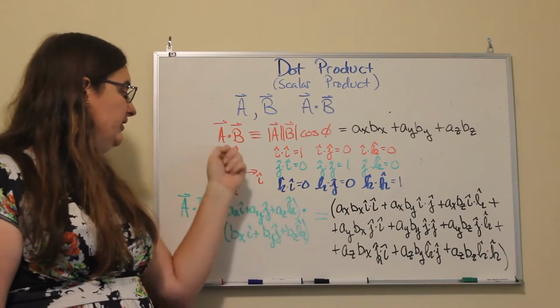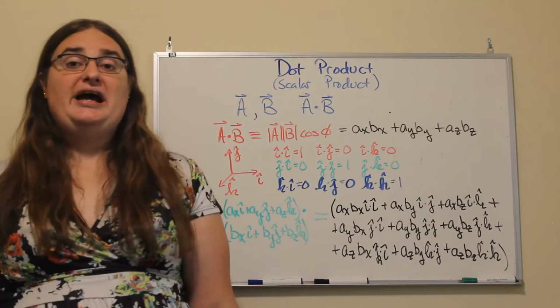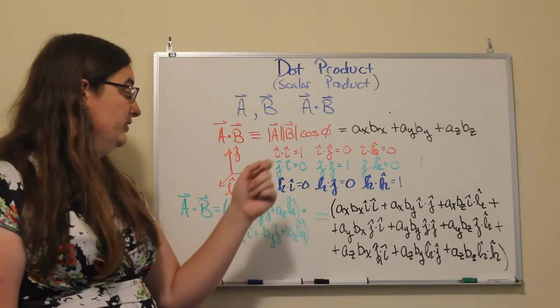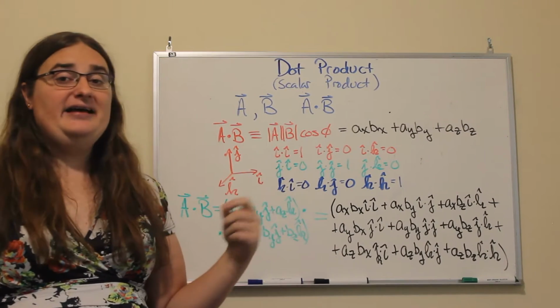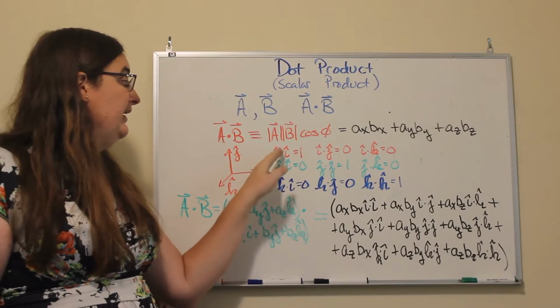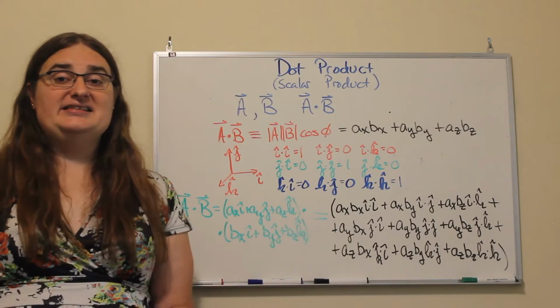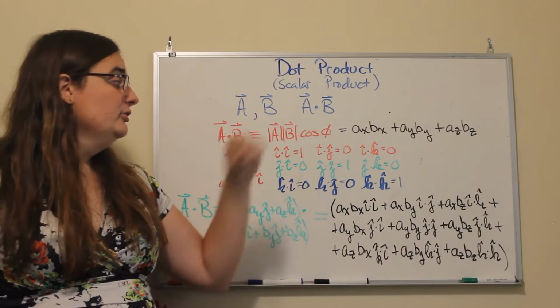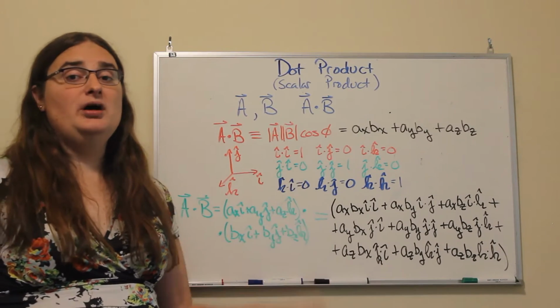So if we take a look at our unit vectors i, j, k in Cartesian coordinates, i hat dot i hat: each unit vector is a size of 1 by definition, and the angle between the x-axis and itself is 0, so the cosine of 0 is 1.